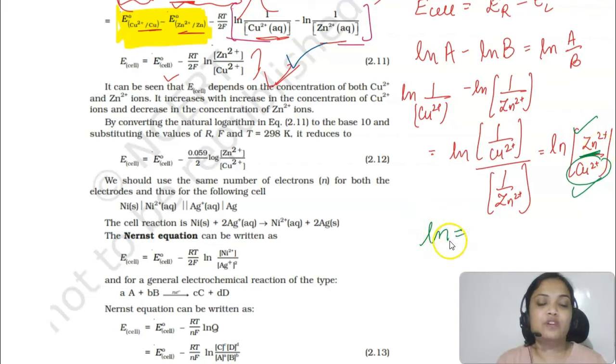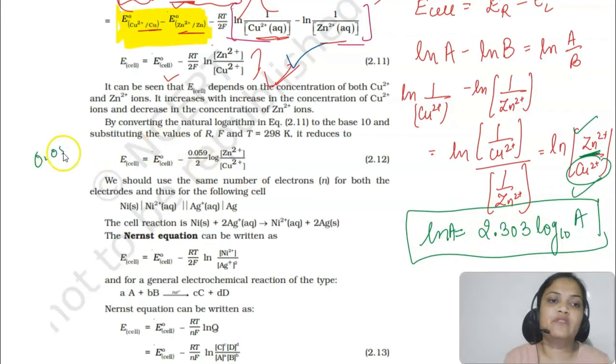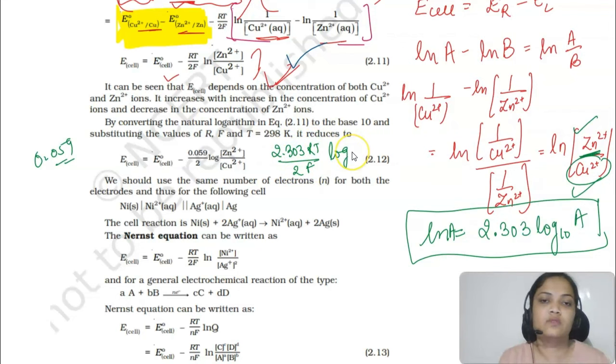Now you know this is natural log. If you have to convert it to log to the base 10, we multiply it with 2.303. Then it is log to the base 10, if there is a natural log A, let's say. So you should also know this. Because this 0.059 that has come, we multiply 2.303 RT upon 2F, then it will become log this one.